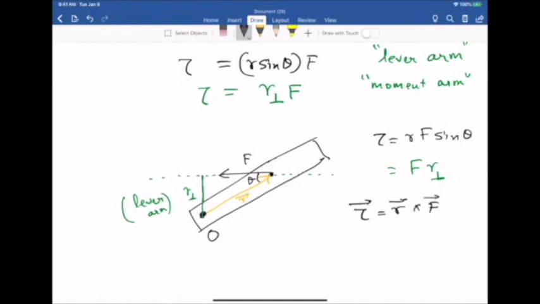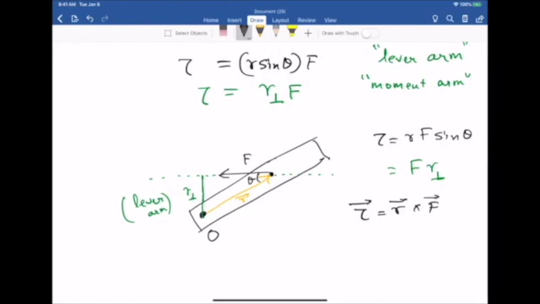Now from chapter 1, you know how to calculate the direction of a cross product, right? So feel free to pause the video and see if you can figure out the direction of the torque in the diagram on this page. So R points in this diagonal direction, F points to the left.